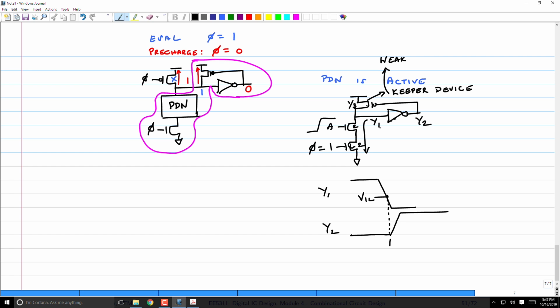Then you have to use the idea that you can put 3 transistors in series, each of size 1, 1, 1. This will effectively be like a single PMOS transistor with size 1/3. This is how you make a weak keeper device.